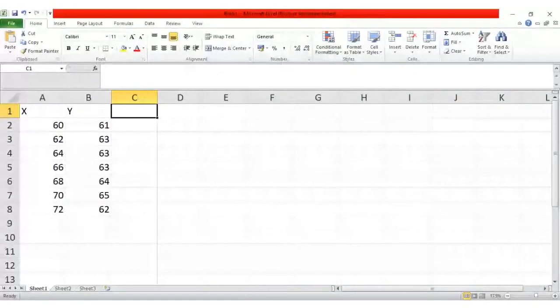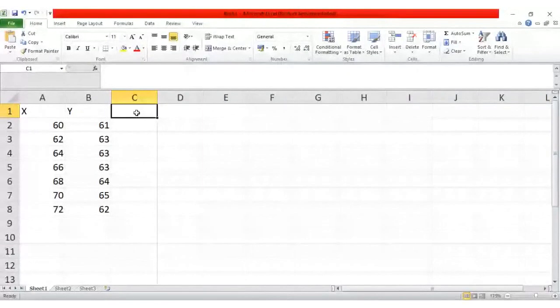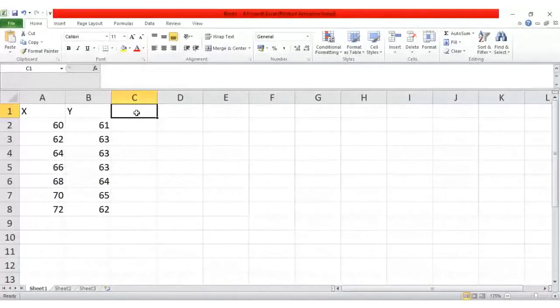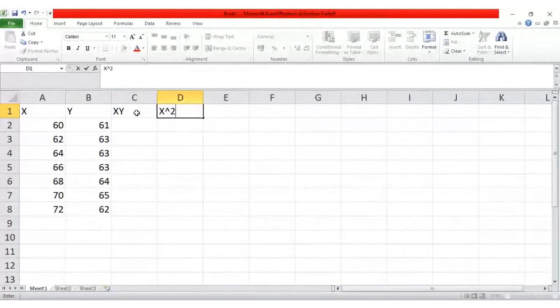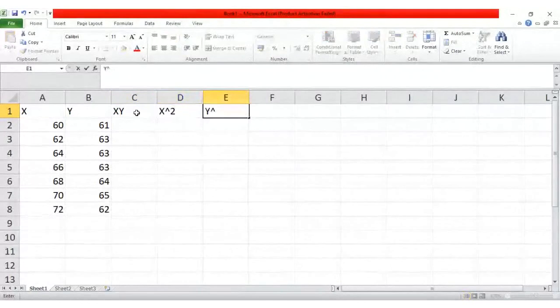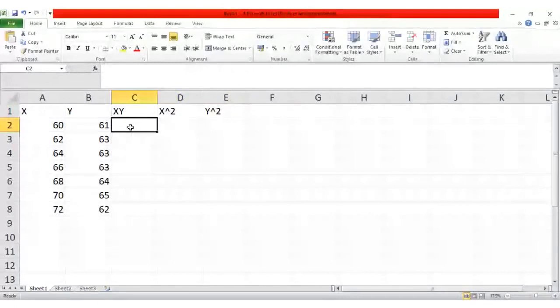Now for this second formula, what is our requirement? We need xy, we need x square, and we need y square. So the first benefit of this second method is that only 3 new columns we need to make.